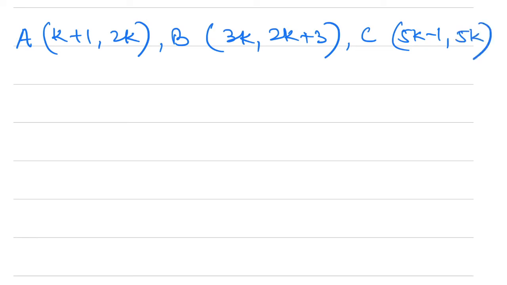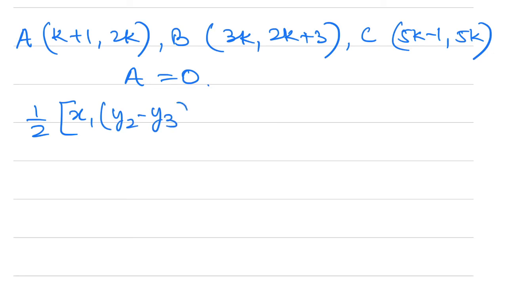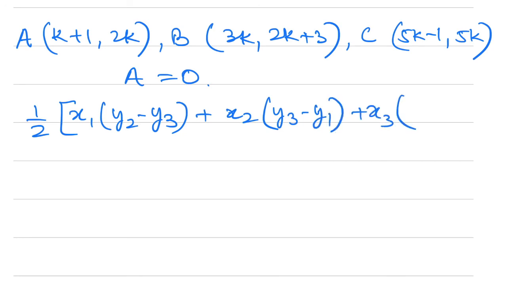If the 3 points are collinear, that means area of the triangle will be equal to 0. So we have half into x1 into y2 minus y3 plus x2 into y3 minus y1 plus x3 into y1 minus y2 is equal to 0.